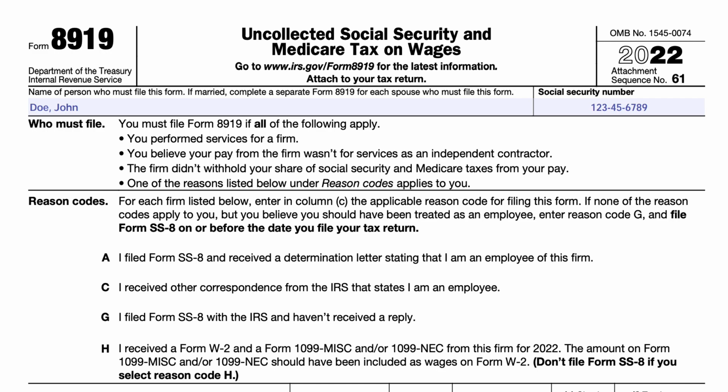Reason code G means that you've filed this form with the IRS, but you have not received a response as of the time of this filing. Reason code H means that you received a W-2 and a 1099 from the same company for the tax year. The amount on the 1099 should have been included as wages on the W-2. And in this case, you would now file Form SS-8 if you select reason code H.